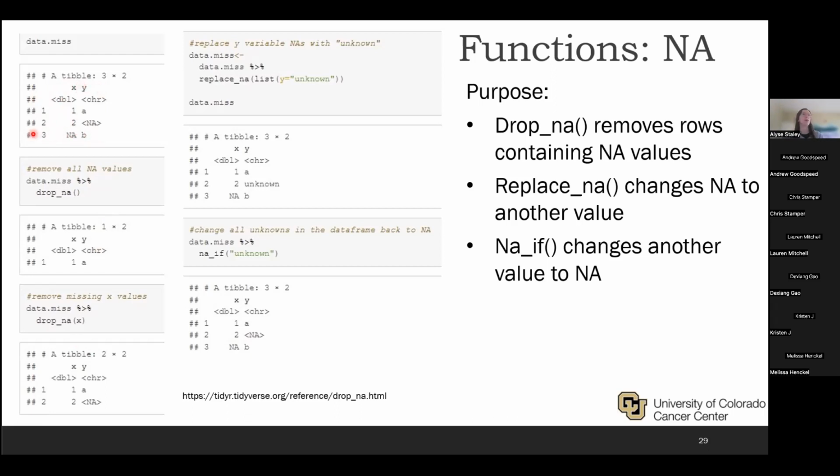X has one missing variable in the third row, and Y has one missing variable in the second row. If we want to remove all of the NA values in the entire data set, we can simply use drop_na, and you can see this is only left with our complete cases, in other words, not missing X and not missing Y.